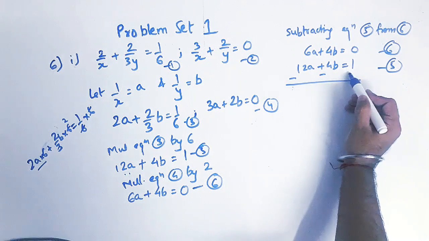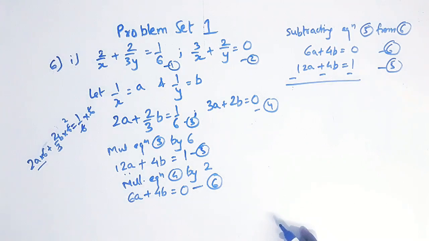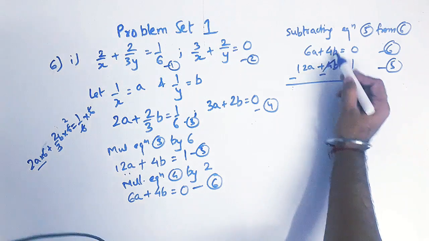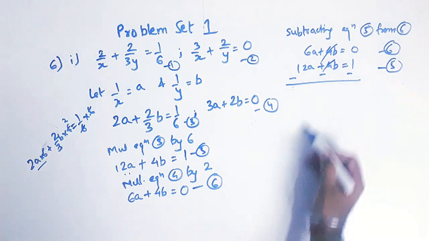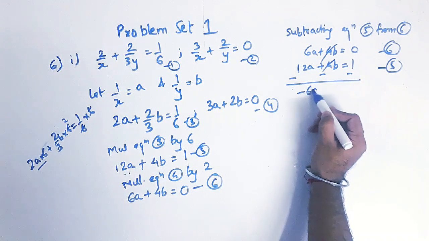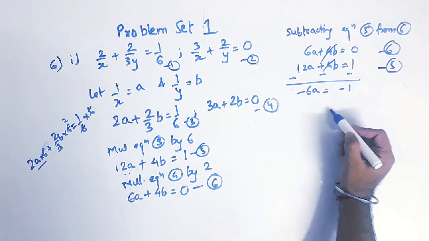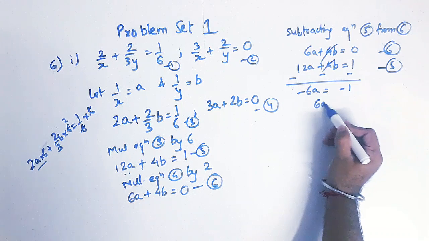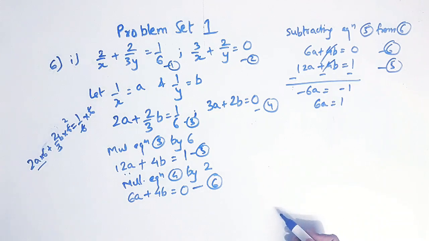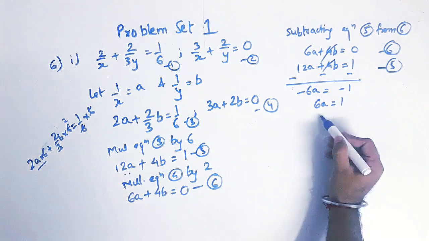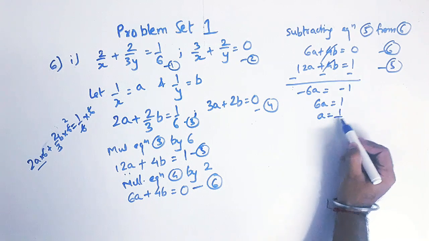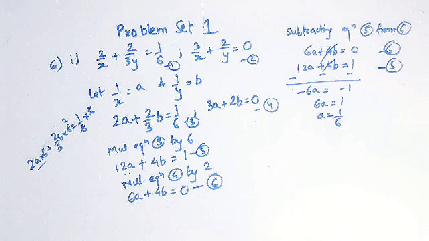Minus, minus, minus. All the signs will get changed. So plus 4b minus 4b is 0. 6 minus 12 is minus 6a equals 0 minus 1 is minus 1. So here minus minus gets cancelled. 6a equals 1. What will be a? A equals 1 by 6.